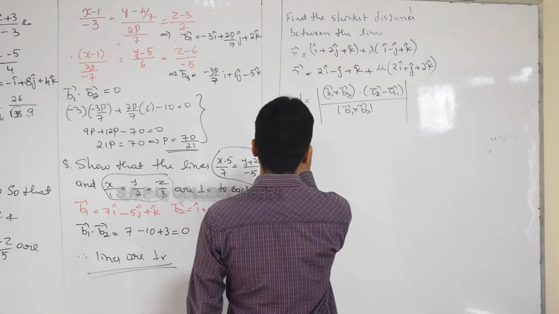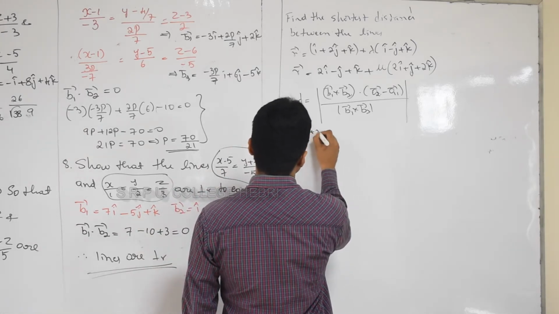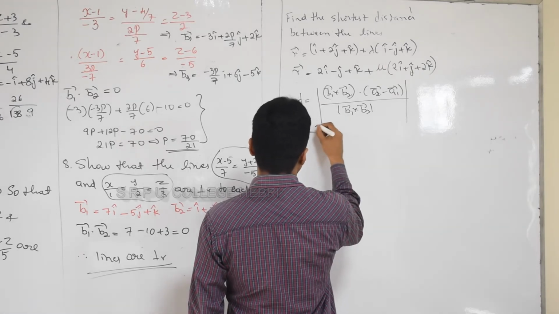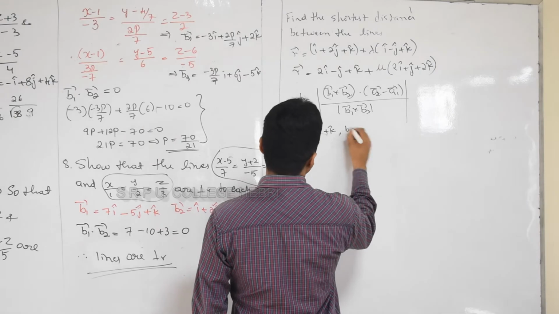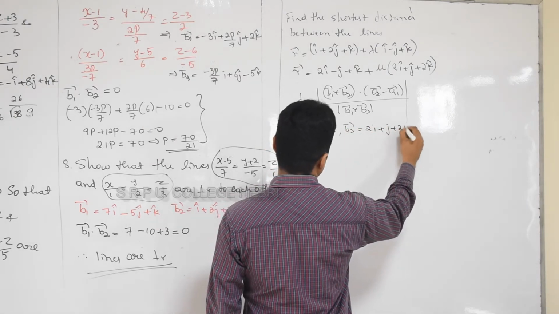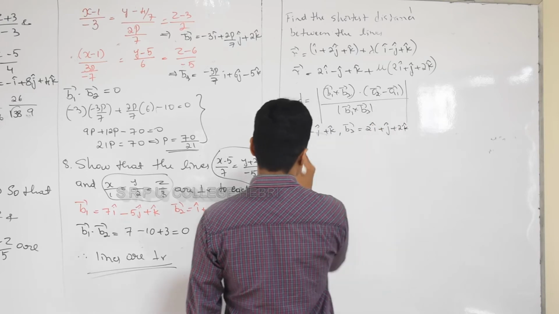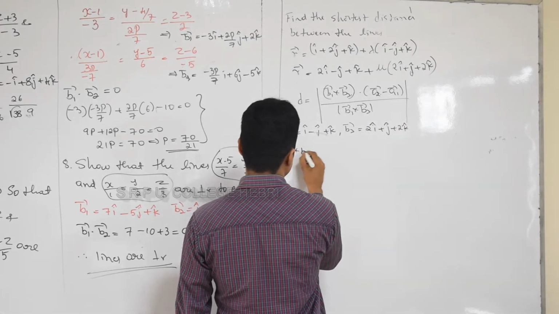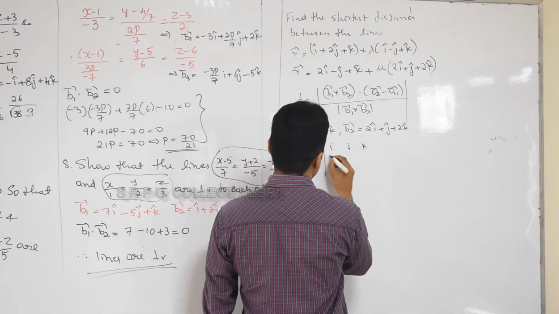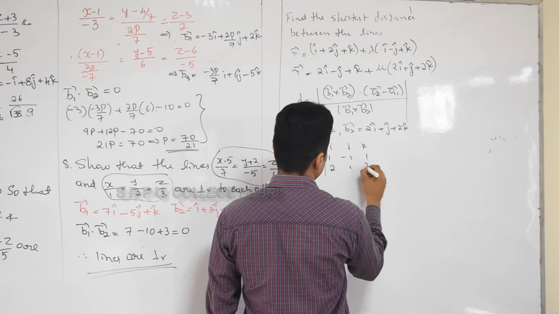So what is vector b1? b1 will be 2i minus j plus k. This is b1, and b2 you know from the coefficients. First you need b1 cross b2. Do you remember how to find it? You have learned vectors. Determinant: i, j, k; 1, minus 1, 1; 2, 1, 2.